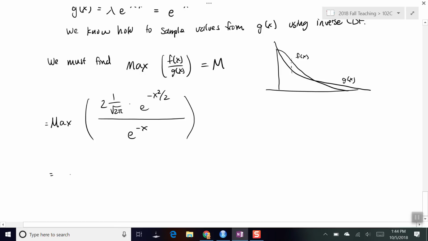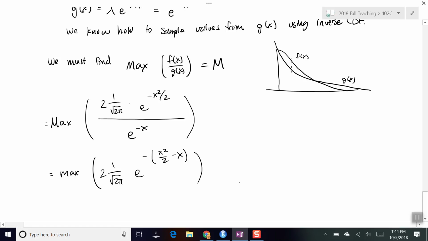And so the max here, if I include this, you got 2 over 1 over root 2 pi. These combine, so I have e to the negative x squared over 2 plus x. Let me factor out the negative. I'm going to have x squared over 2 minus x. So that's what I have here.